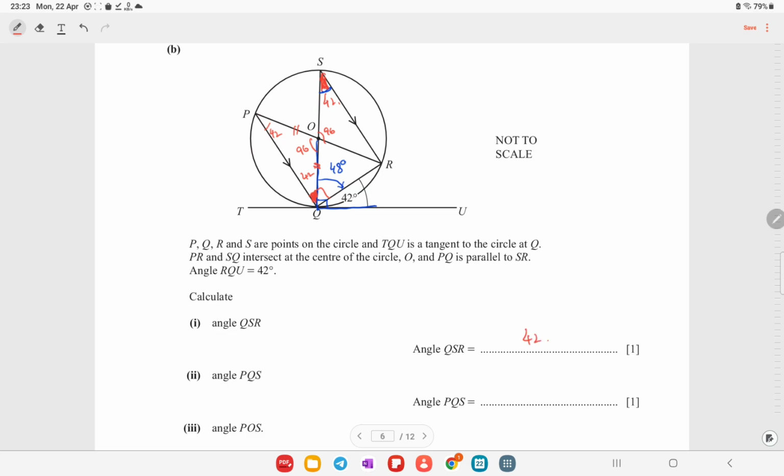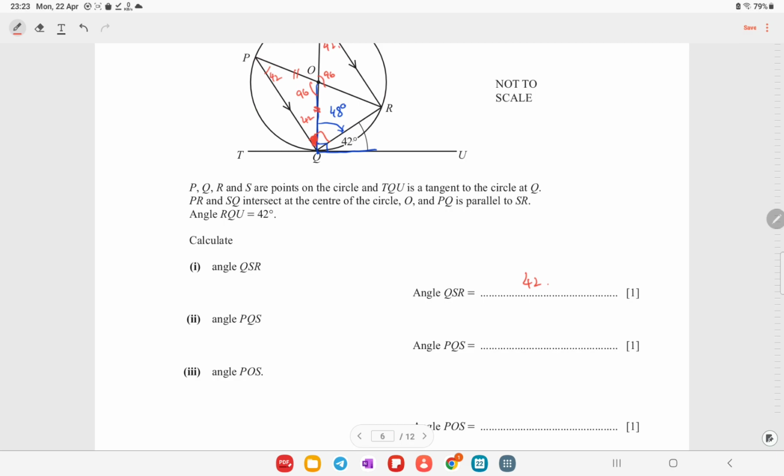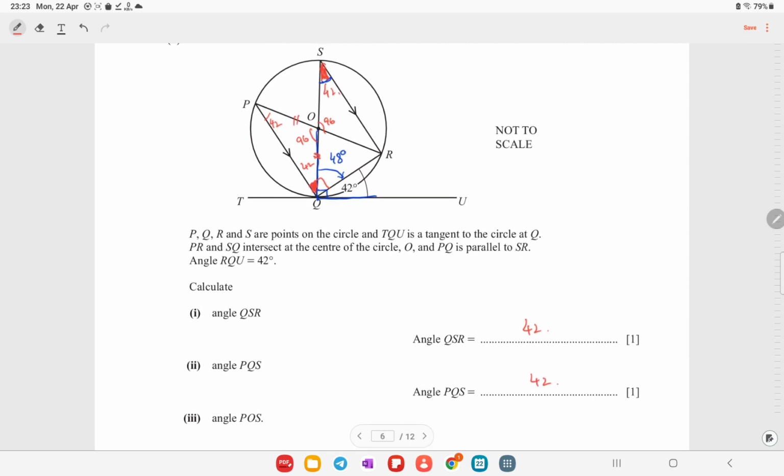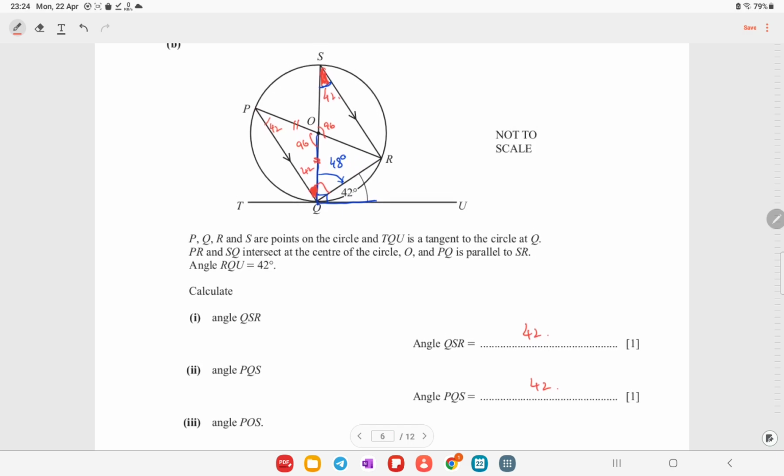Then is PQS. So PQS again is already calculated, that is 42 degrees. This is the one shaded with the red color. Then POS. Okay, POS. So you can easily do this thing, 96.